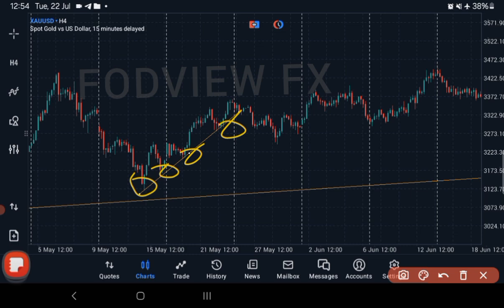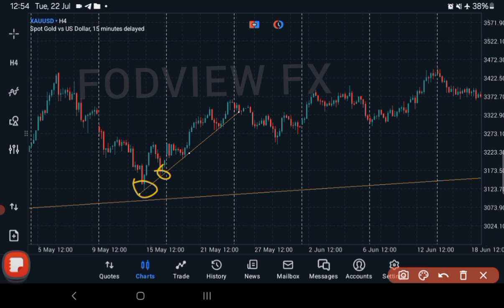All you need is just 2 touches. On a bullish trend, you're looking for the 2 higher lows. This is the number 1 higher low here, and number 2. You just need these 2 to get a good trend line.